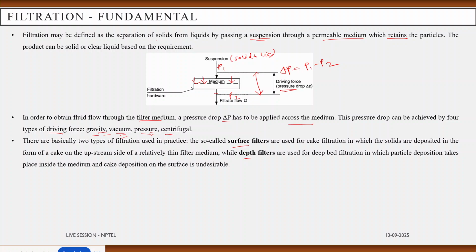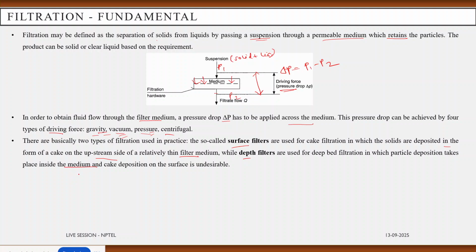Surface filters, as the name suggests, are used for cake filtration, in which the solids are deposited in the form of a cake on the upstream side of a relatively thin filter medium, while depth filters or deep bed filters are used where particle deposition takes place inside the medium, not at the surface.